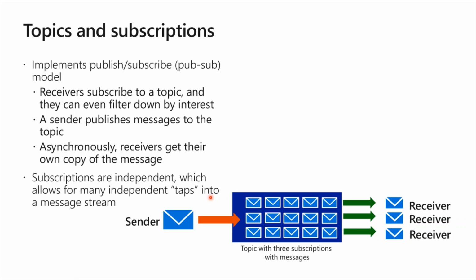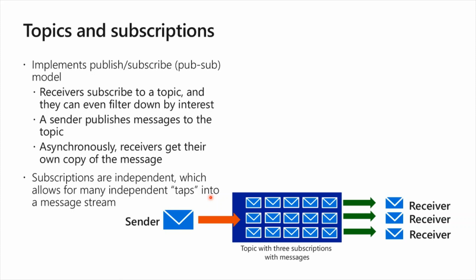Depending on filter rules that can be set on a per-subscription basis, the subscriptions can use additional filters to restrict the messages that they want to receive. Messages are sent to a topic in the same way they are sent to a queue, but messages are not received from the topic directly.